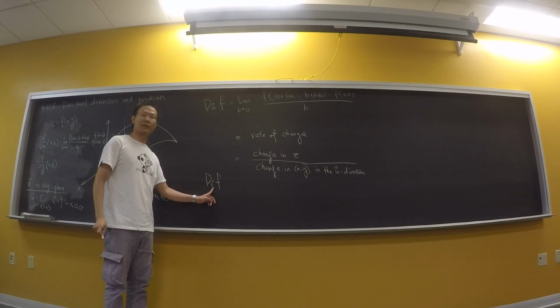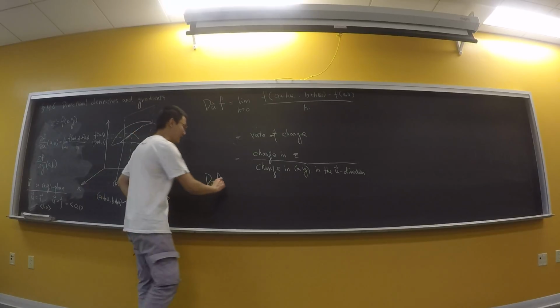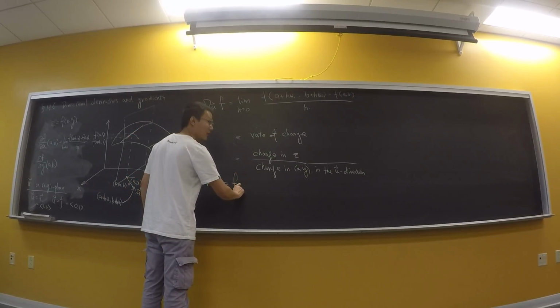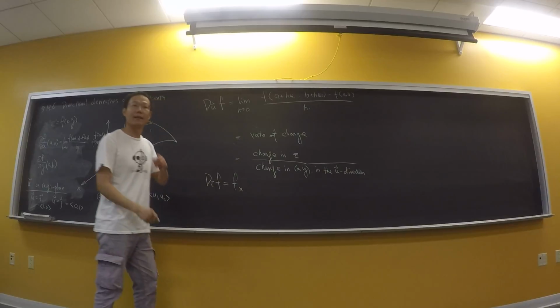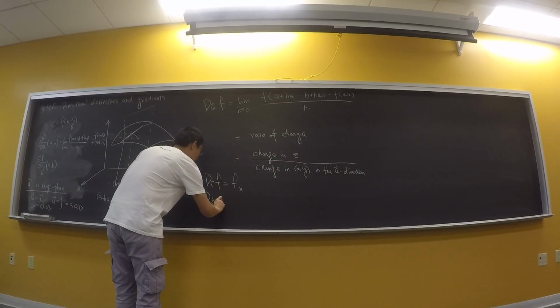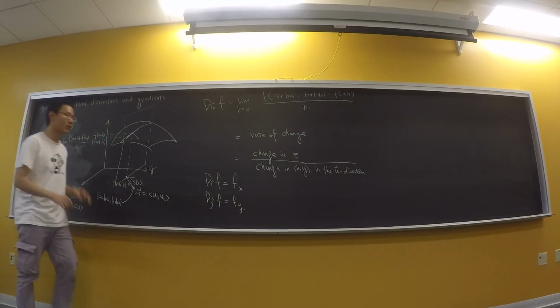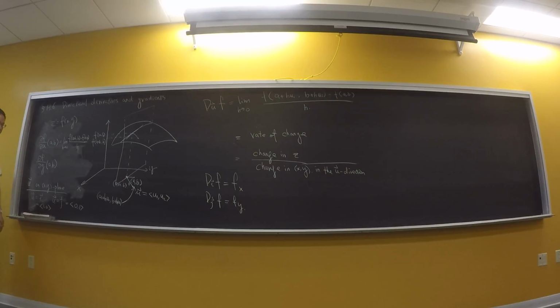If u is equal to i, which is the unit vector in the x direction, the directional derivative is exactly equal to f sub x. And the directional derivative with respect to the y direction is exactly equal to f sub y. So these are very special directions, but you can define this rate of change in any direction on the xy plane.